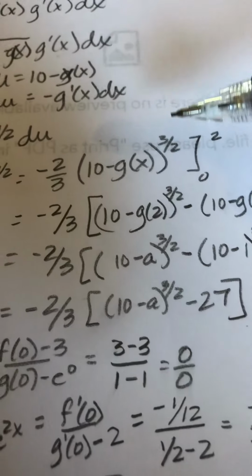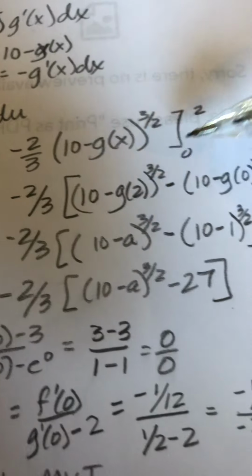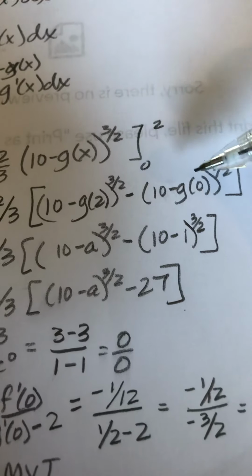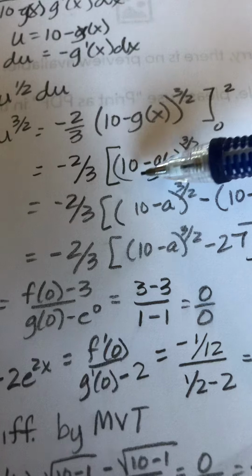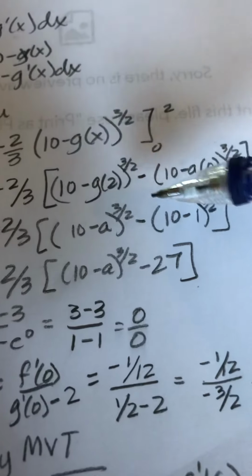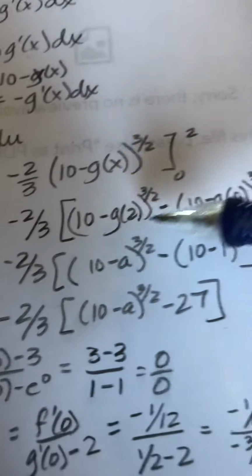So now we sub in our values, negative 2/3 of 10 minus g of 2 to the 3/2 minus 10 minus g of 0 to the 3/2. So negative 2/3 of 10 minus a to the 3/2 minus 10 minus 1 to the 3/2. And you could actually stop right there.